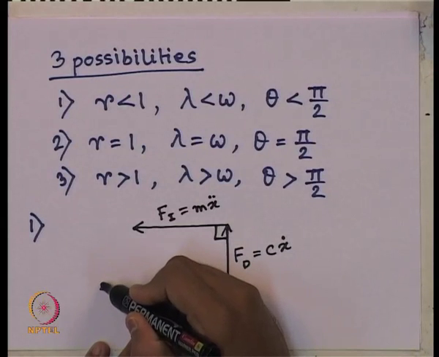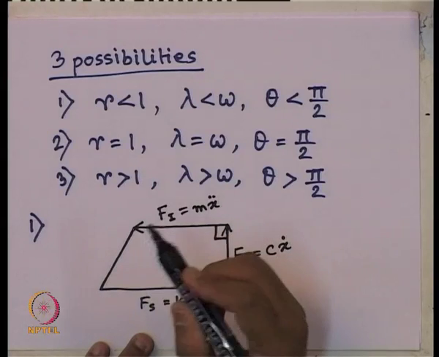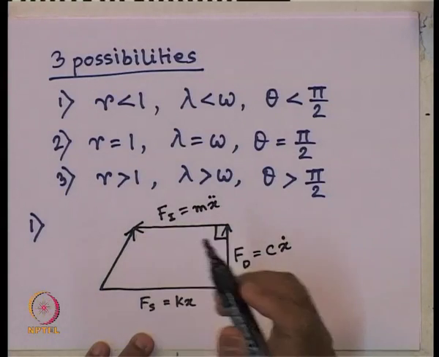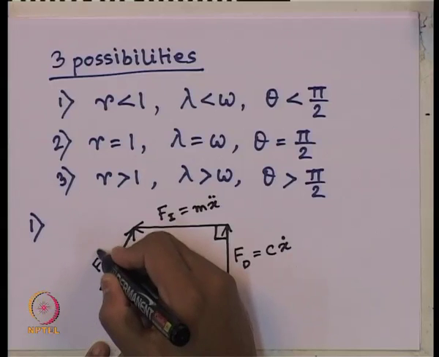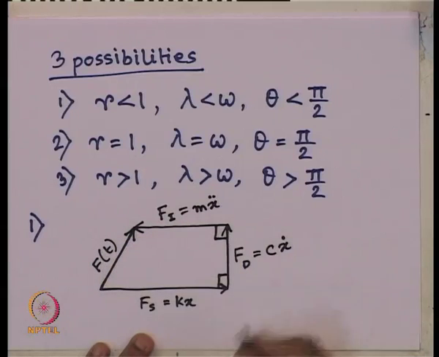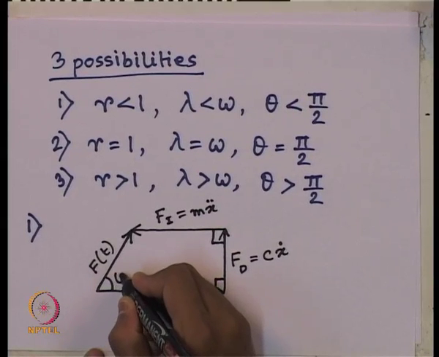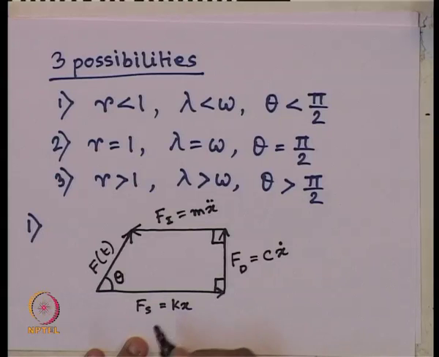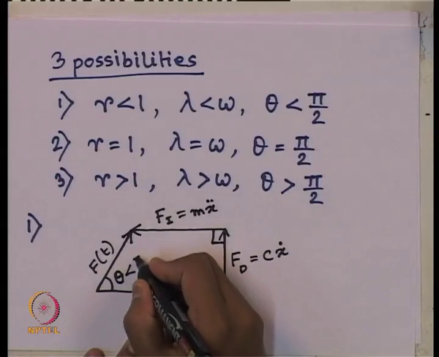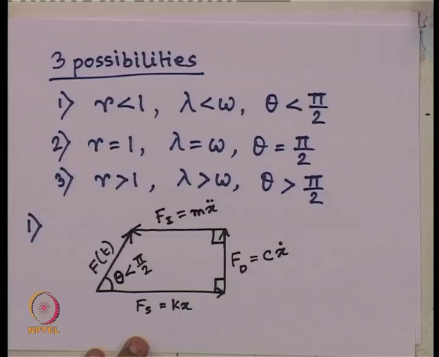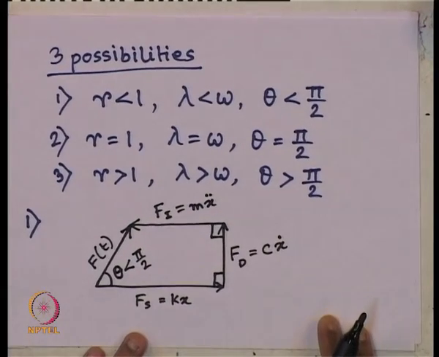And it has to be a closed polygon. So, this is our f of t, externally applied to maintain the equilibrium of the system. And this angle is nothing but the phase theta, which is less than pi by 2. That is the first case.